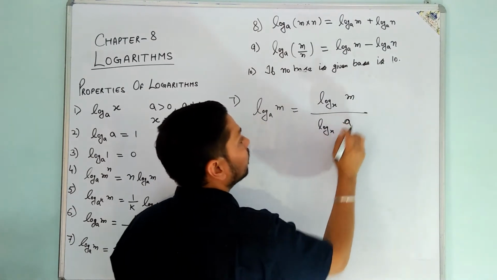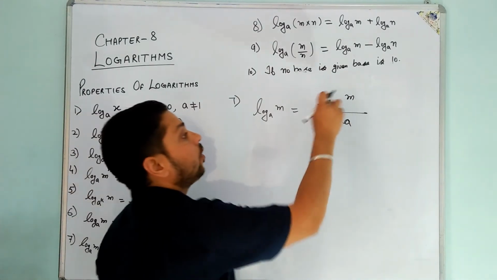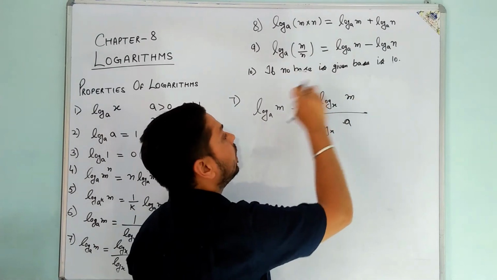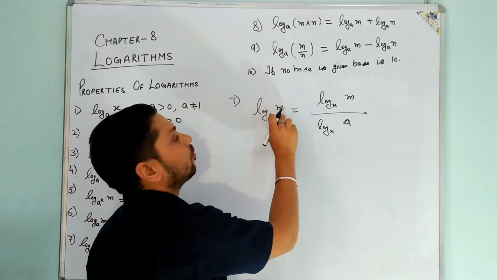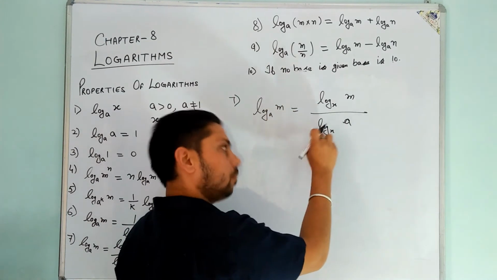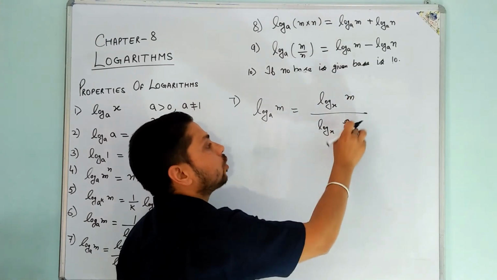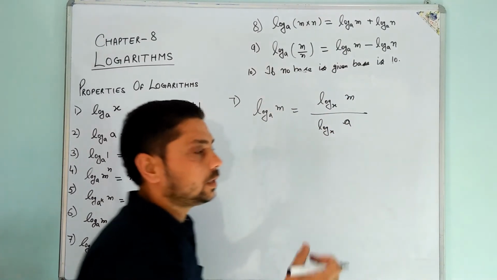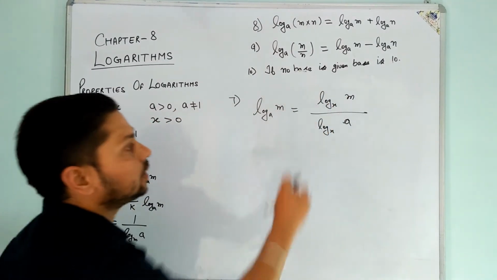Here we divide the number whose logarithm we calculate by the log of the base, and in doing so we have to take a common base. We can take any common base, and then we can write this term like this.